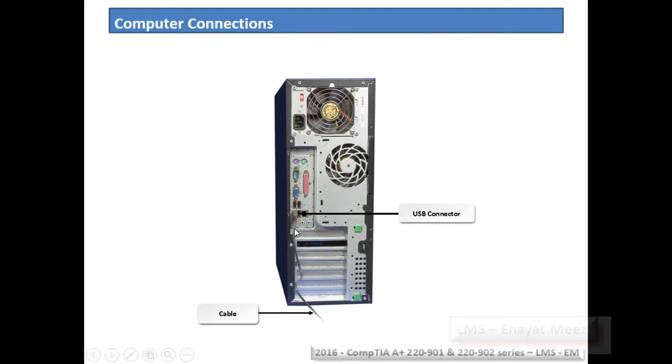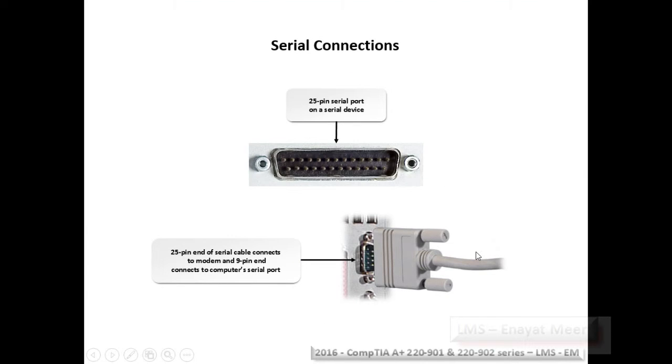This could be an RJ45 or some other type of cable which is not very visible here. And you have a serial port, video card, parallel port, and looks like a USB as well. Then also you have these keyboard and mouse ports, the power supply connector, and a single fan on the back. So these are a few things visible that I was showing to you.